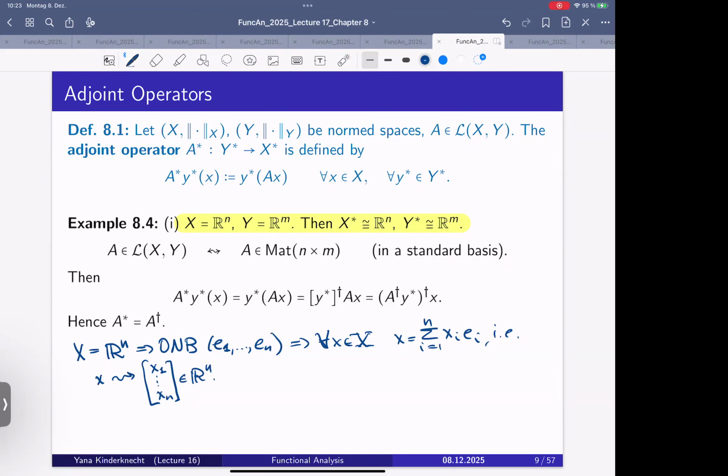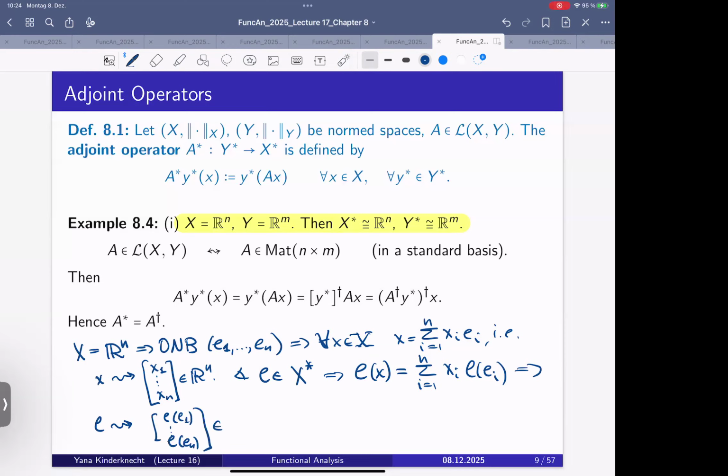Now we take a linear functional, so consider L in X dual, the topological dual. Hence, when we evaluate at the point x using the linearity, it is the sum for i from 1 till n of x_i L(e_i). And hence, we may associate L with the vector of coordinates L(e_1), etc., L(e_n). And this is again a vector in R^n.